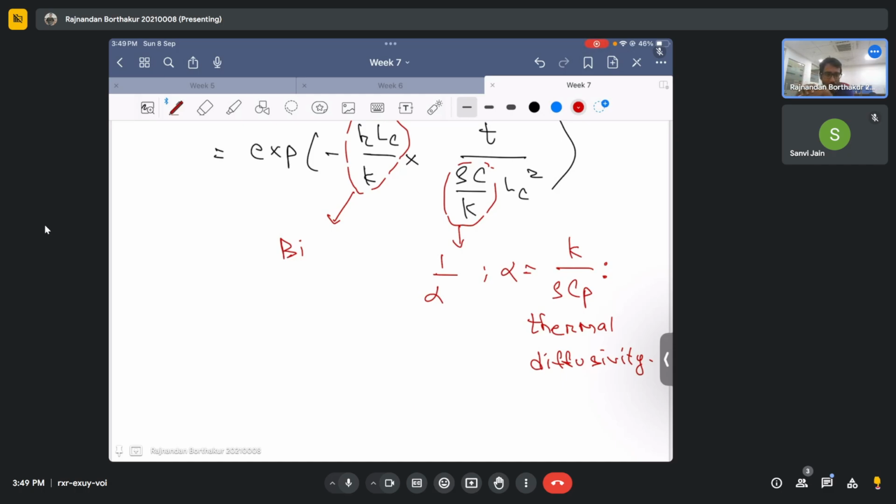This is just for your general knowledge. The ratio of the momentum diffusivity to the thermal diffusivity has got a special name, and when you study convection heat transfer you will know this name. But do you know what this ratio is called?